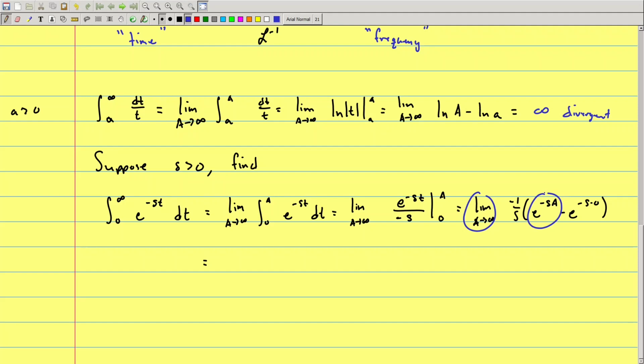If we allow a to increase without bound, we get e to a very large negative number, and the limit of that goes to 0, right? Because 1 over a large number is a small number. And so what we end up with is negative 1 over s, 0 minus 1, because e to the 0 is 1. Negative signs undo one another, and we're left with 1 over s, which makes sense because s is greater than 0, so we don't have to worry about 0 in the denominator. Make sense? All right.